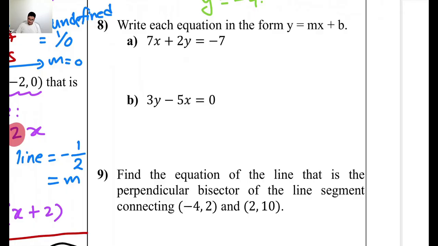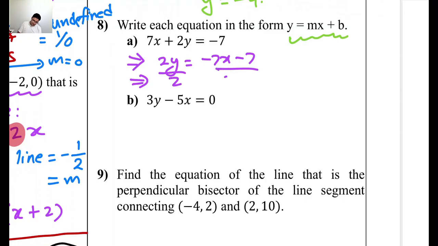Here the question is rewrite this in the form y equals mx plus b. That is for your practice. Pause the video and try to do it, because we have done this work before. So 2y equals -7x -7. Divide by 2 on both sides.